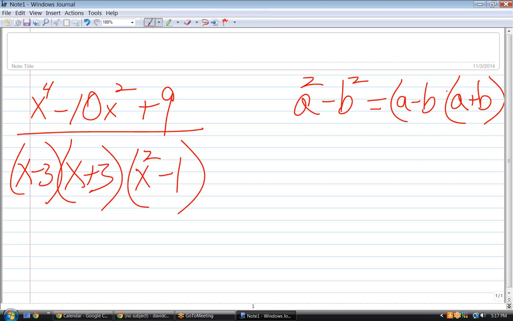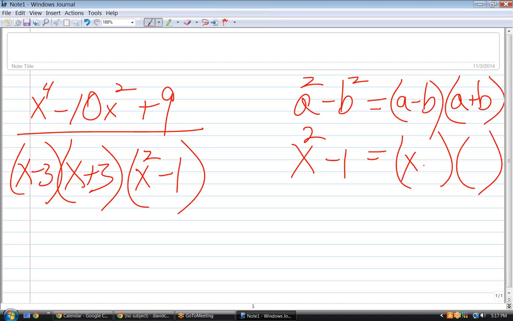Right. So what does x squared minus 1 factor into? X plus 1 minus, I'll do it in the right order. Minus 1. X plus 1. Okay? I want you to do it in the right order because it'll help your memory of memorizing this.